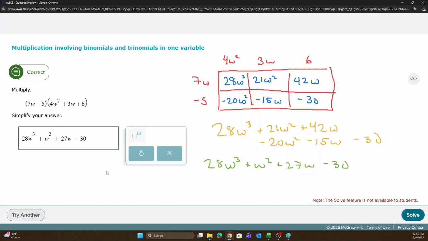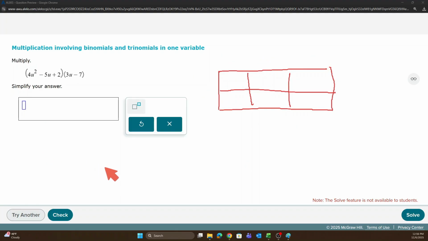All right, let's go ahead and do one more, and we will be moving on to the next one. So here we've got another binomial and trinomial, so we're going to go ahead and do the same 6-box figure. So we're going to do 3u minus 7, 4u squared minus 5u plus 2.